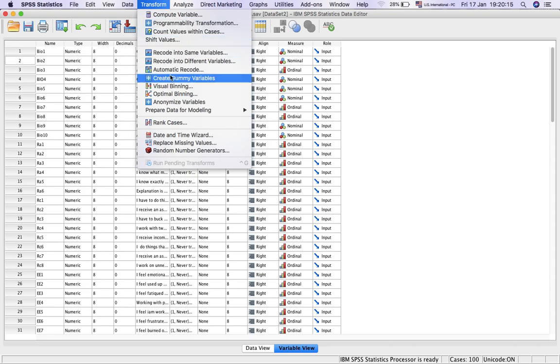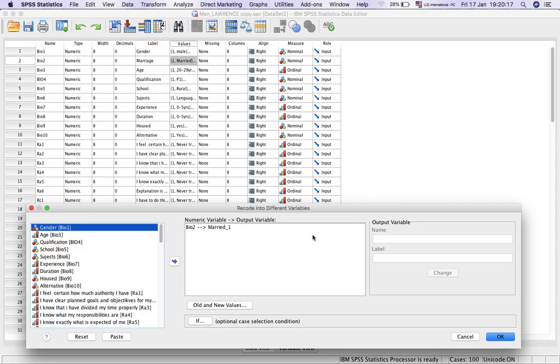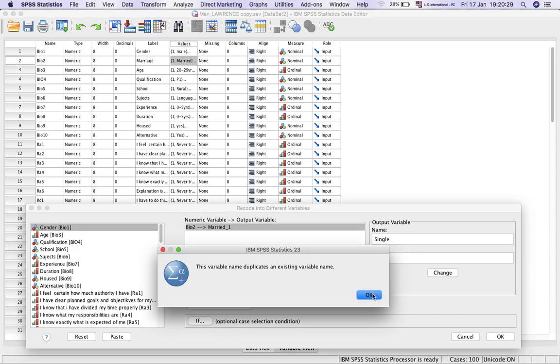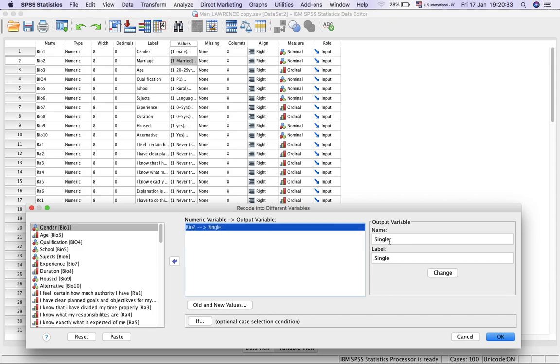So let's create for single. Oh, I had already made the dummies. I now remember, that's why they are appearing like they exist.